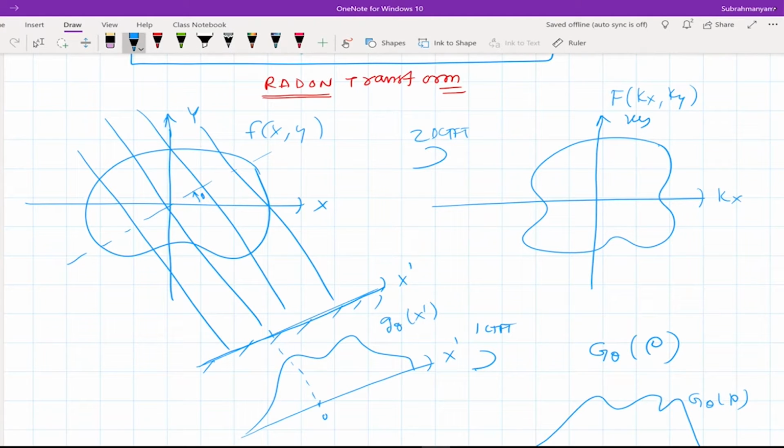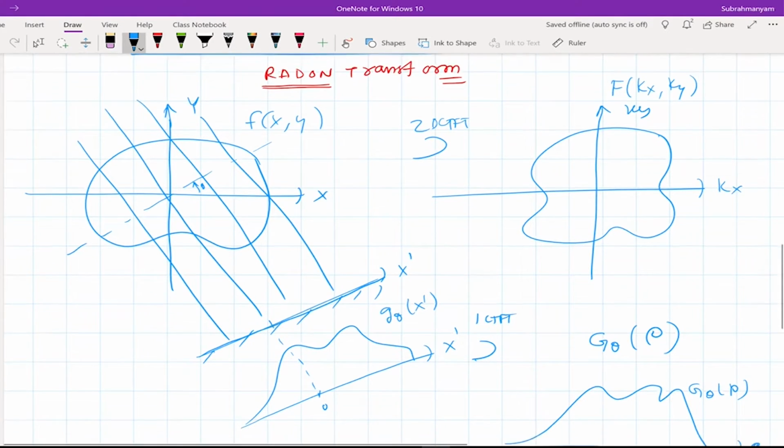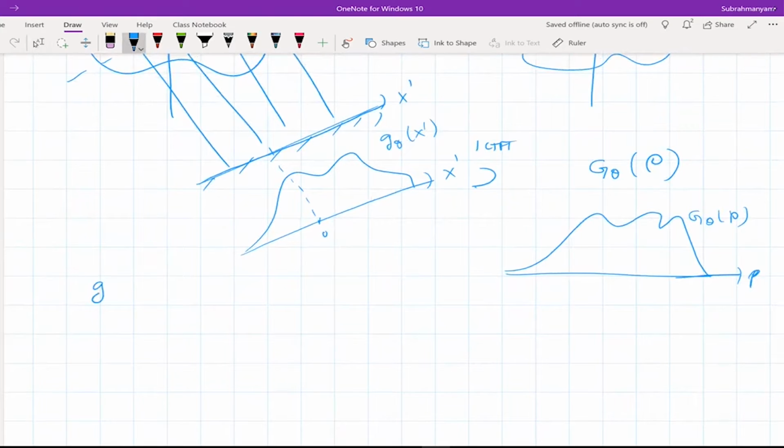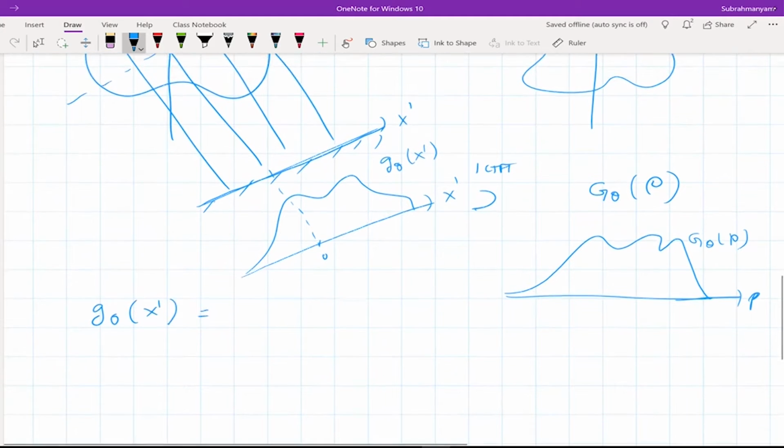What was the relation we arrived at the end? So we started with the simple projection parallel to the y-axis, right? And what did that correspond to? If I am projecting the x-rays parallel to the y-axis and computing the Fourier transform, what does that Fourier transform correspond to? In other words, my theta is 0 here, then I got an x prime there, and for this I have taken a CTFT of it.